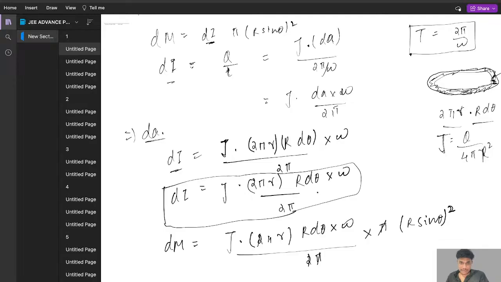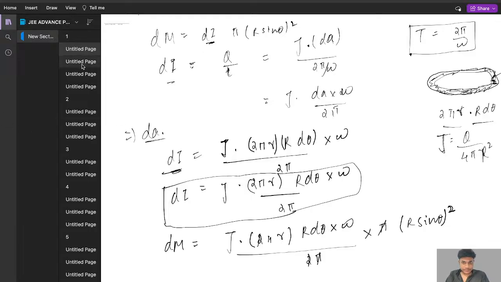So what is our di? We get this as di, j into 2 pi r d theta into omega, let me move to the next page.